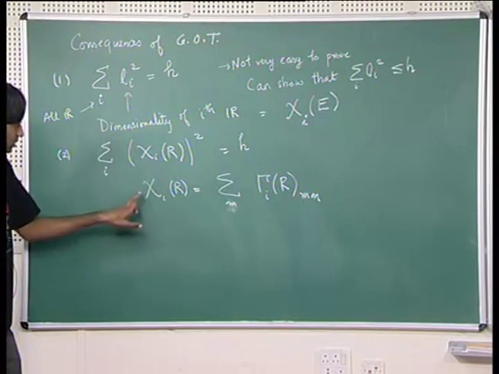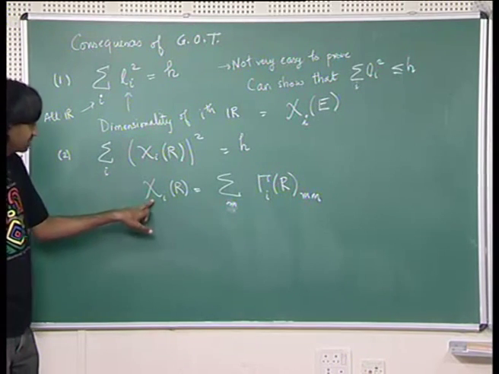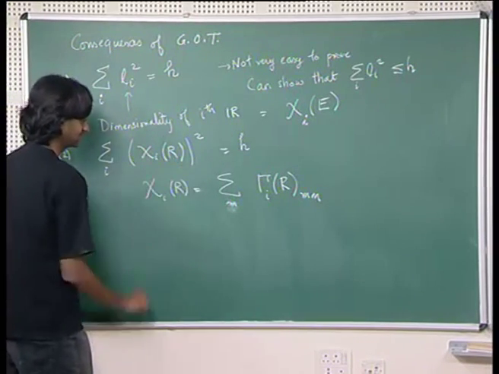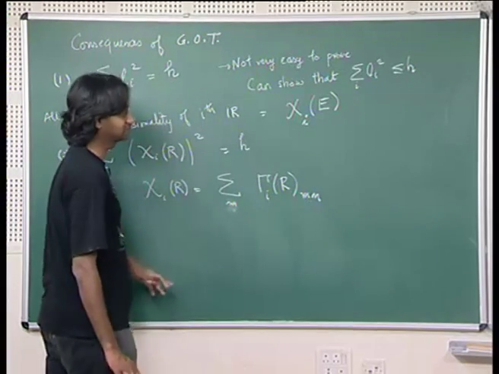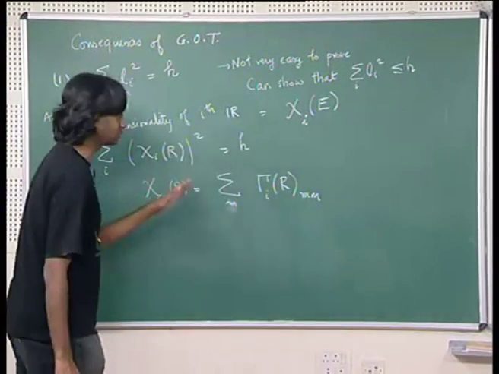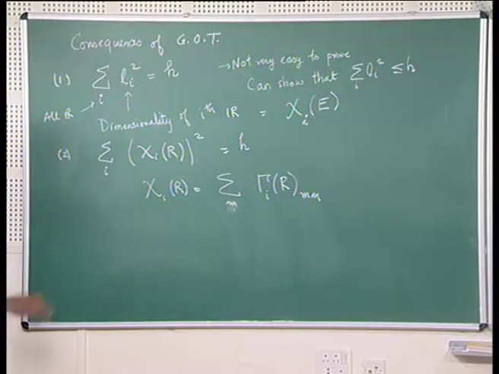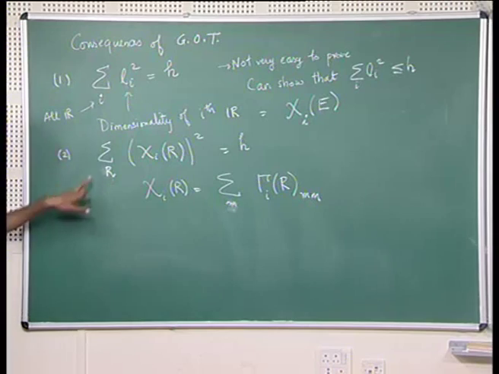And what this relation says is that if I take chi_i star times chi_i, that is like taking the complex conjugate of this and multiplying it by itself, and summing over all the operations, if you work it out, you will get this equal to h.